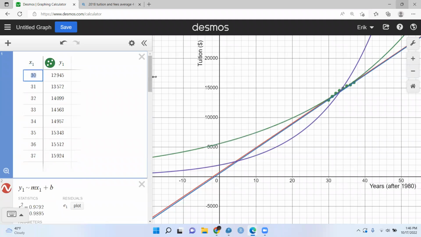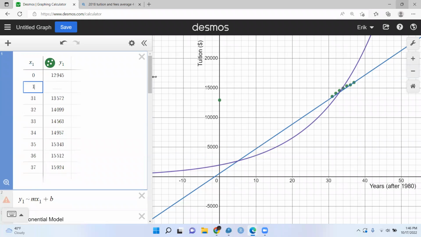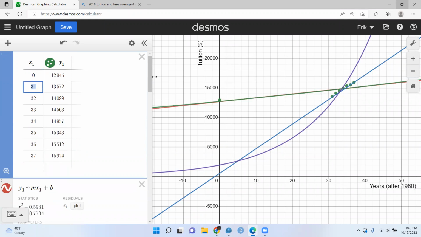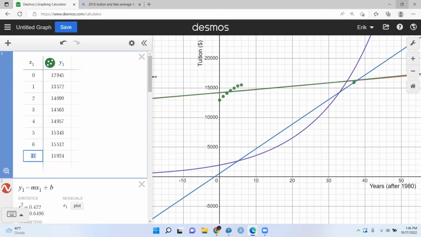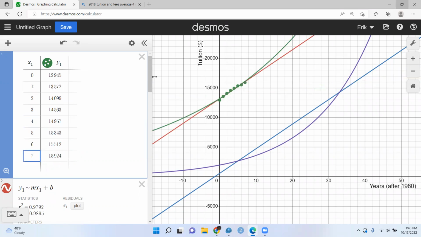And then we would redo these as 0, 1, 2, 3, 4, 5, 6, and 7. So we now have a new data set. It's really the same data set, but we've shifted the y-intercept to have a year starting in, what is the starting year? 2001.